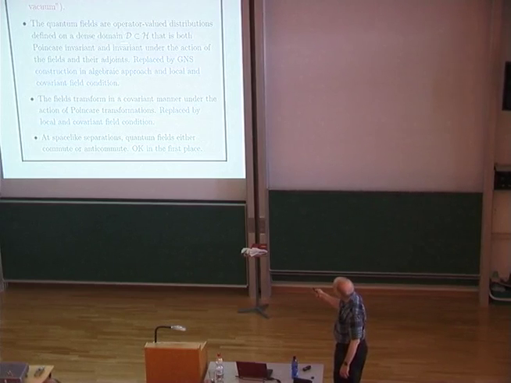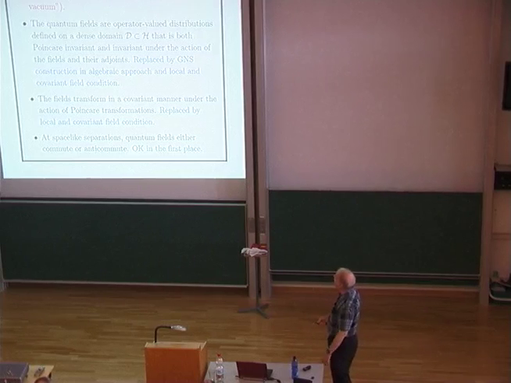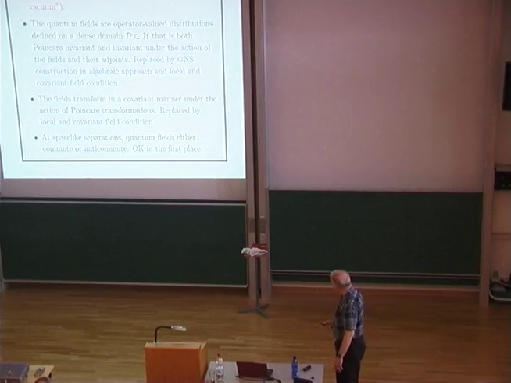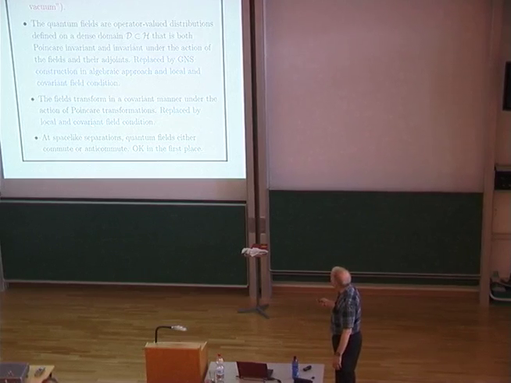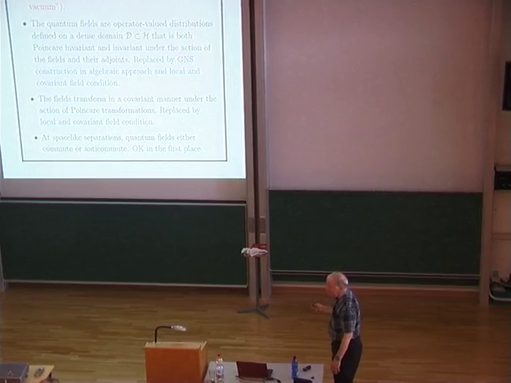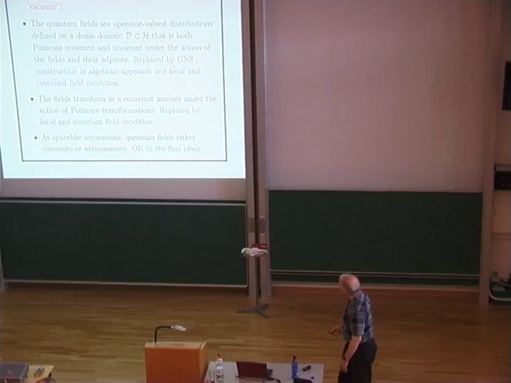That will automatically give you this kind of dense domain that's invariant under the fields and their adjoints, and the local and covariant field condition will give you a condition that adequately replaces the Poincare invariant part of that. The fact that the fields transform in a covariant manner is fully satisfactorily replaced by the local and covariant field condition. And the last axiom was the only one that was okay in the first place.